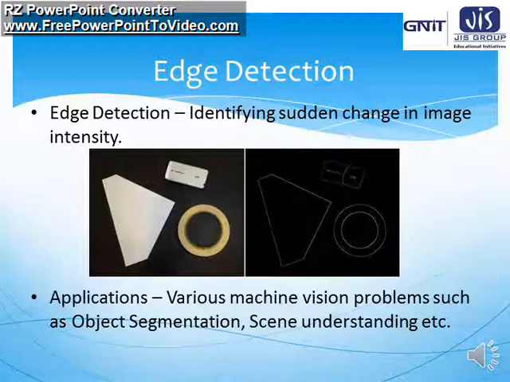The boundary of the triangle shaped paper and the black tabletop have different intensity, so we can easily find the edges in the right side image, where we can see the outlines of all those objects.